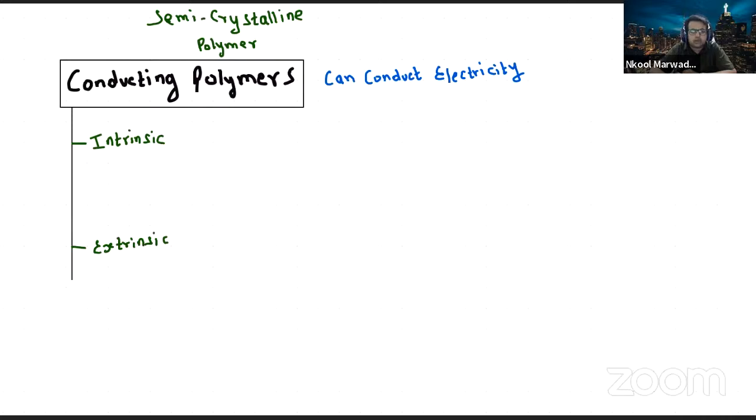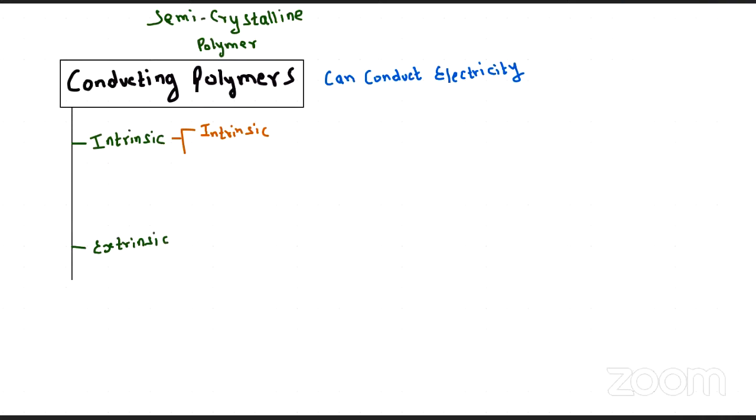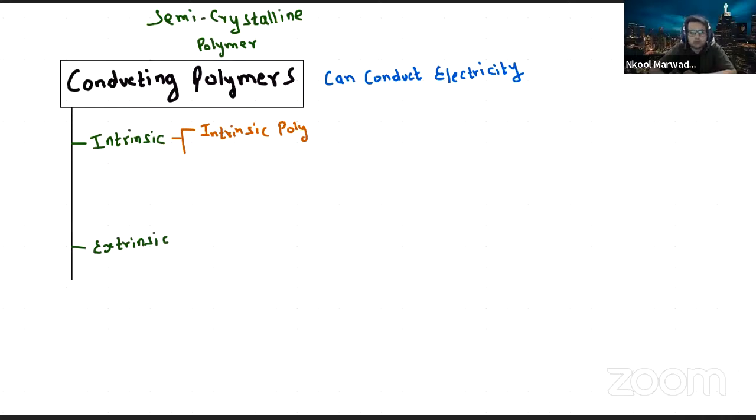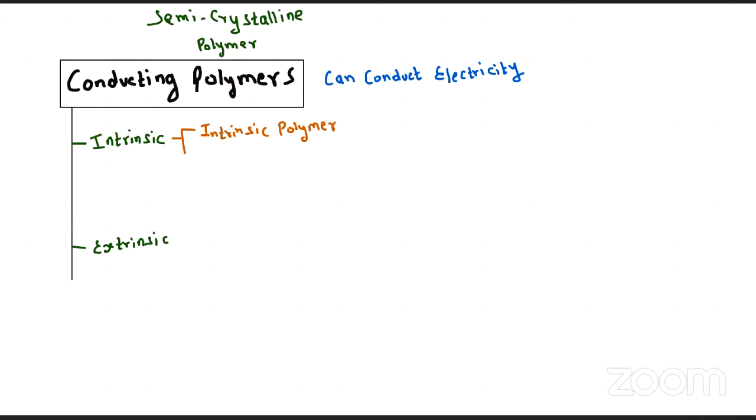So in intrinsic also we can classify it into two parts. Okay, so can you tell me the main difference between intrinsic and extrinsic? In general, intrinsic is when it's very pure, the purity is high, because of that the conductivity is low, and the bonds are completely full.